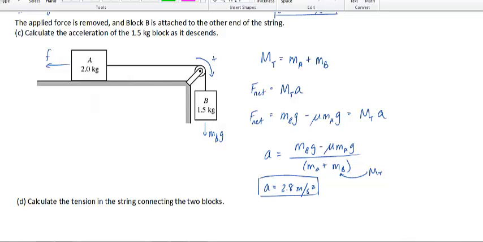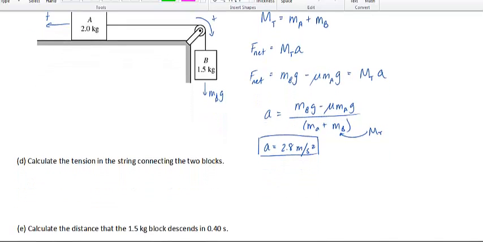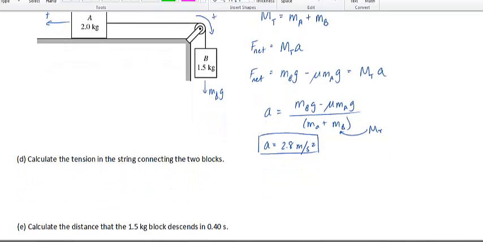So don't fall into the trap they're setting for you here. It is a different system when you have a block versus a specified force on the other end. Moving along, part D: calculate the tension in the string connecting the two blocks. The way we solved it in part C, the tension was an internal force, so it didn't appear.